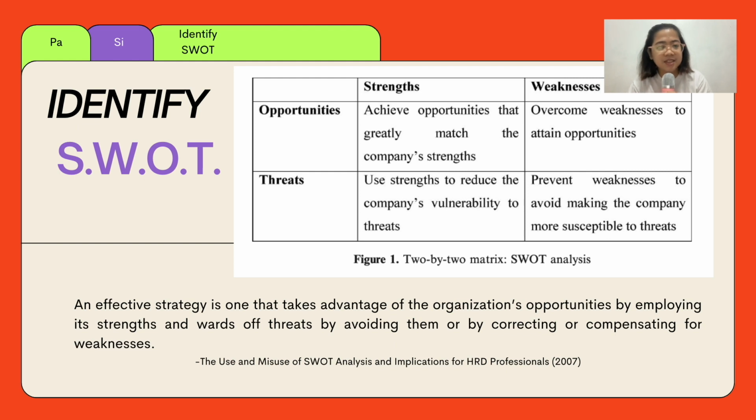In the article, The Use and Misuse of SWOT Analysis and Implications for HRD Professionals, the SWOT analysis is defined as an effective strategy that takes advantage of the organization's opportunities by employing its strengths and wards off threats, by avoiding them, or by correcting or compensating for weaknesses.